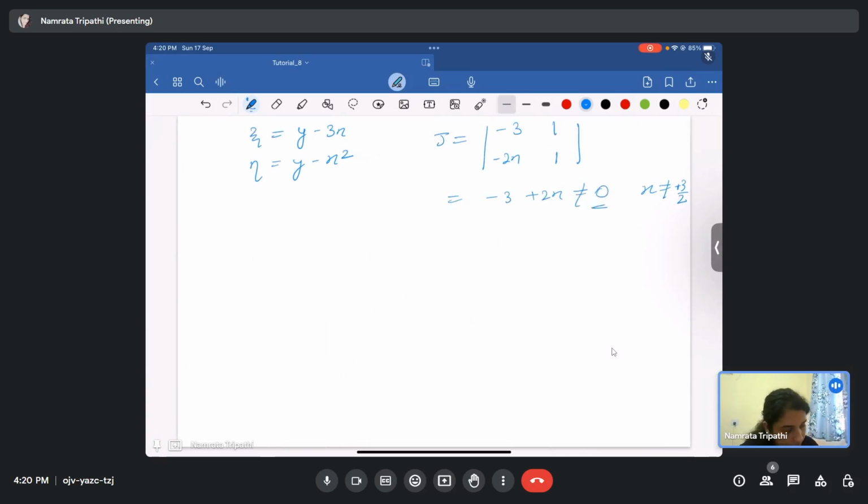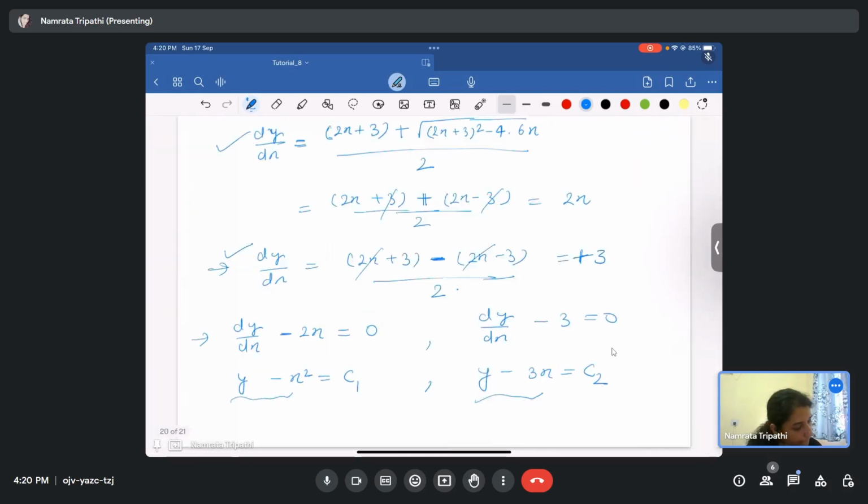Now we can take xi or eta in this manner. So now your task is you have to find ux. I want to say square root of 2x minus 3 is equal to minus 2x plus 3. Are you saying my square root of 2x minus 3 is minus 2x minus 3?